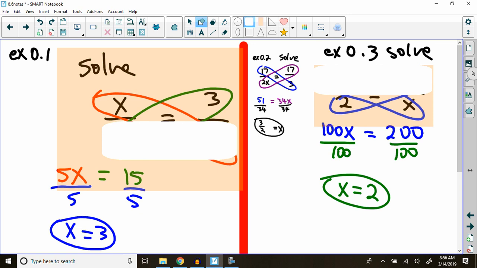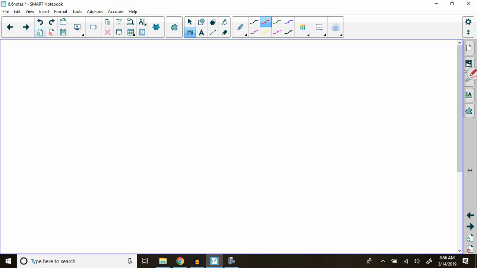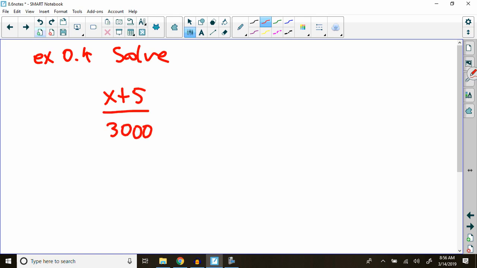So let's try this one then. Example 0.4. Solve (x plus 5) over 3,000 equals (2x plus 1) over 3,000. So do I really need to cross multiply to solve all this?